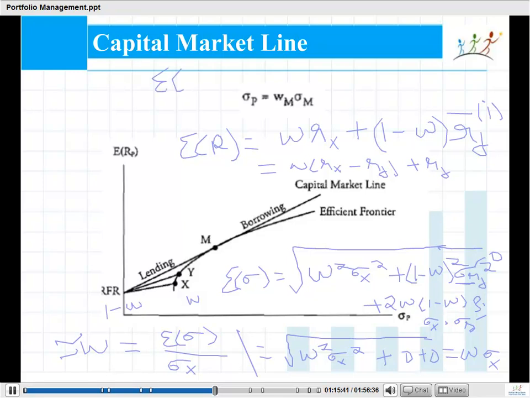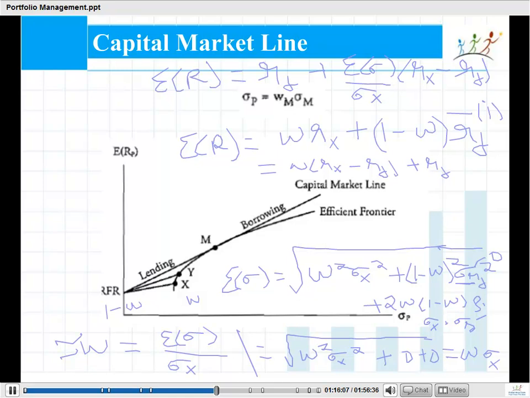So expected return will become Rf plus expected sigma upon sigma x. That's what W is. W is expected sigma upon sigma x into Rx minus Rf.